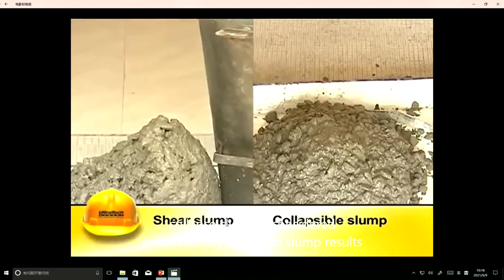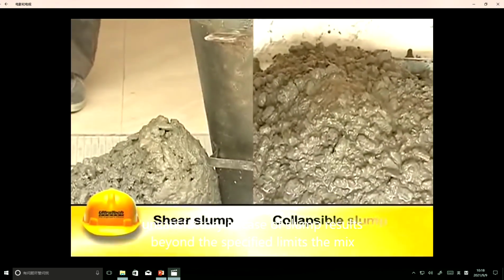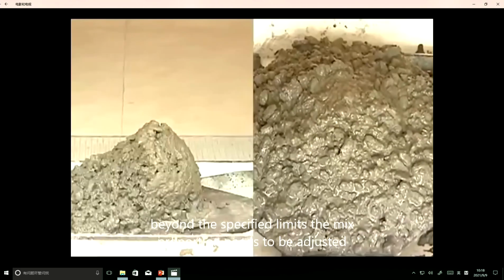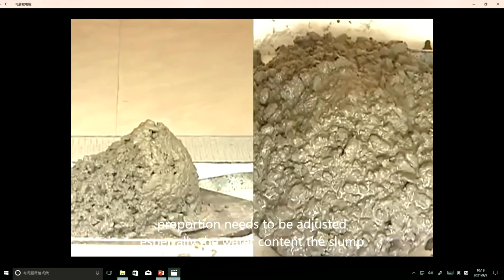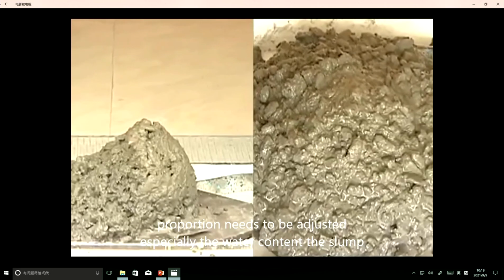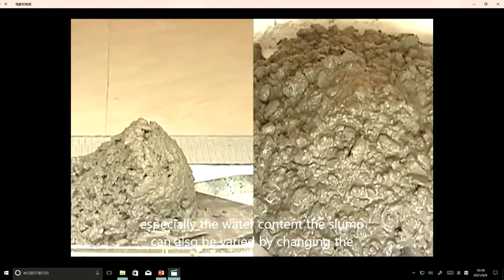In case of slump results beyond the specified limits, the mix proportion needs to be adjusted, especially the water content. The slump can also be varied by changing the proportion, size and combination of the various sizes of the aggregates.